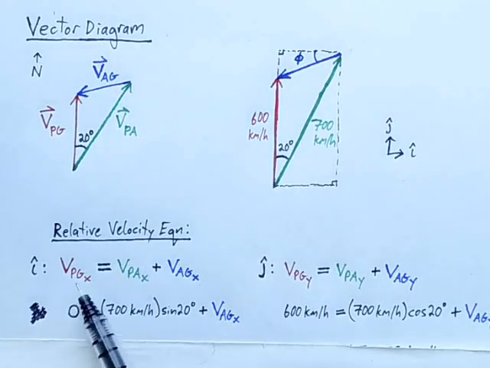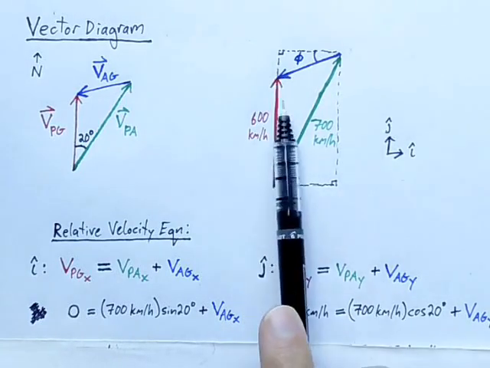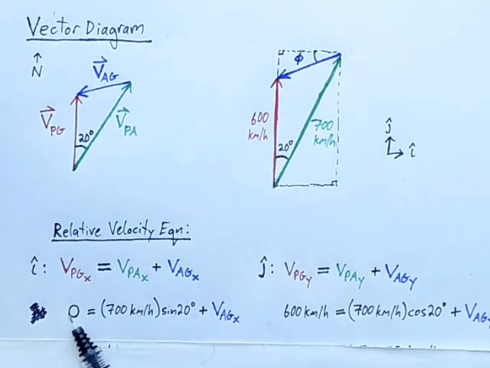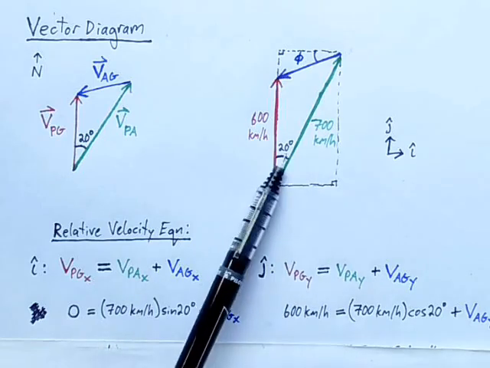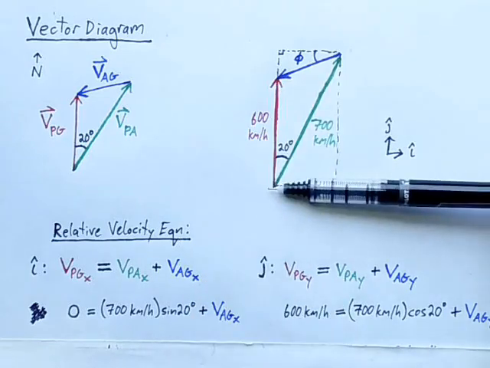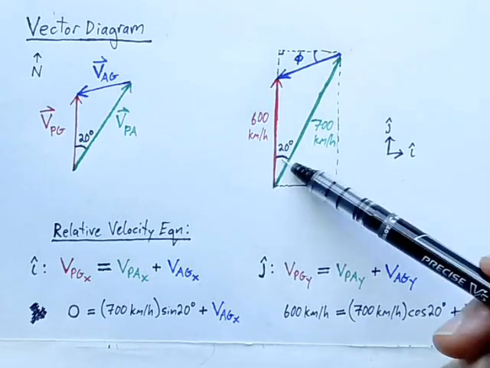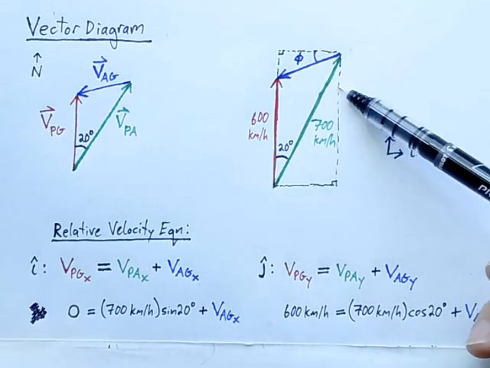The velocity of the plane with respect to the ground, the x component of that, well, that is pointing due north, just in our y direction, so that x component is 0. The x component of the velocity of the plane with respect to the air, the x component of this, would be this little leg, this bottom leg. So, okay, if this is 20 degrees here, then I can tell that this angle up here is also 20 degrees.